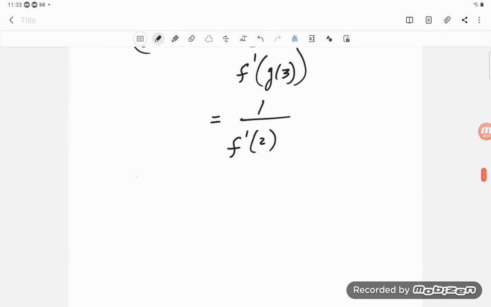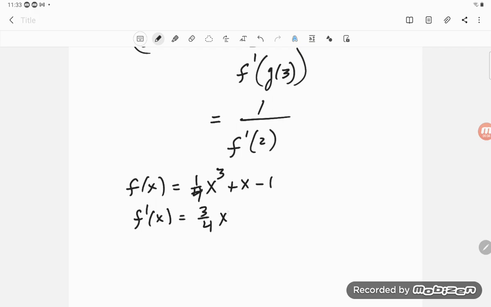So I've got f of x is 1/4 x cubed plus x minus 1. So f prime of x is 3/4 x squared plus 1. So that means f prime of 2 is equal to 3/4 times 2 squared plus 1, which gives me 4.